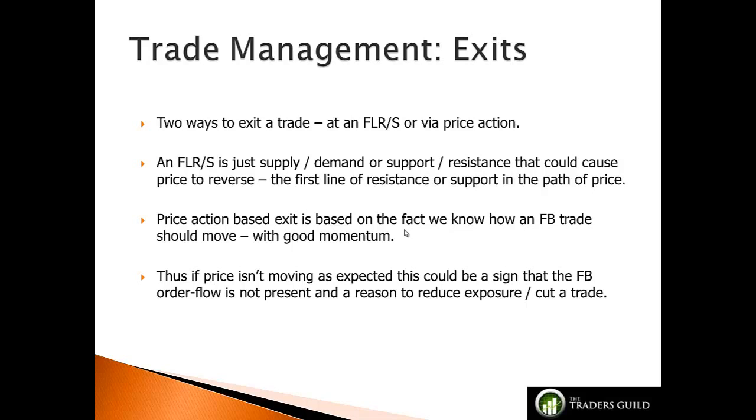I know how price should move on the pair I'm trading, on the setup I'm trading. If it materially doesn't, then I'm going to start reducing my exposure and cut my trade in half. But it doesn't mean, like I said, that if it doesn't move within 10 seconds, or 5 minutes on a 1 hour based setup, you start cutting your trade. That's just stupid.